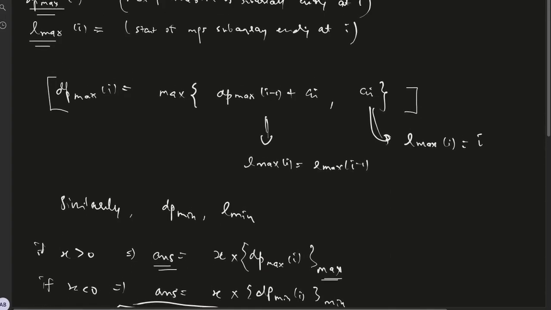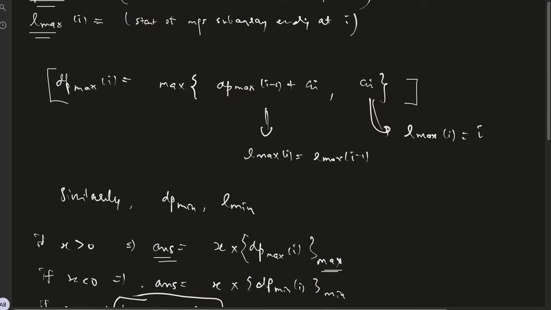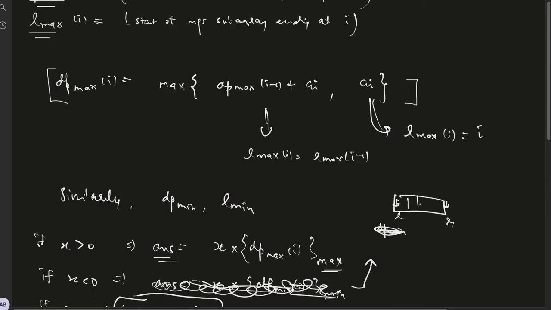And similarly for x less than 0, this might not be the case, because first of all, for x less than 0, we calculate dp mins and identify the subarray for which the dp min of i is the minimum.